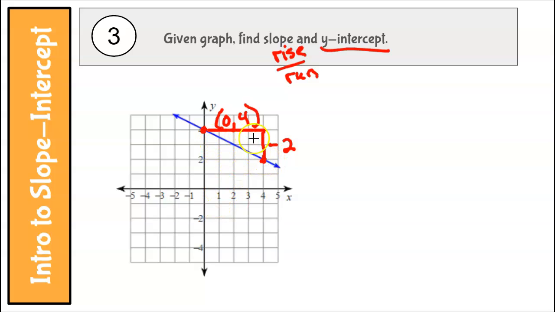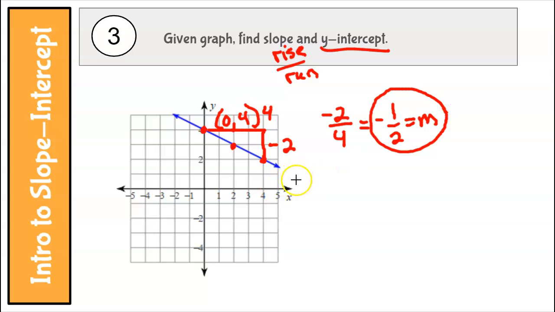Then I sometimes have to go down, which means it's a negative, or up, which means it's a positive. So rise over run, vertical change over horizontal change. Oops, that can be reduced, which you'll remember from a previous video means there's another point in between that I didn't see. Equals m, I'm going to circle it. I should have made it equals m and circled it on the last one.